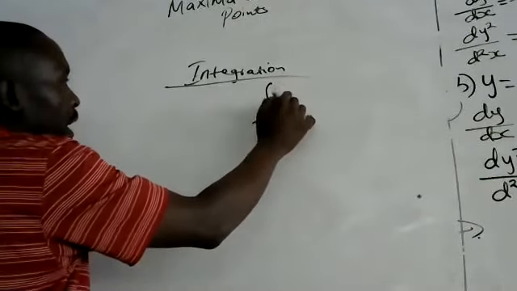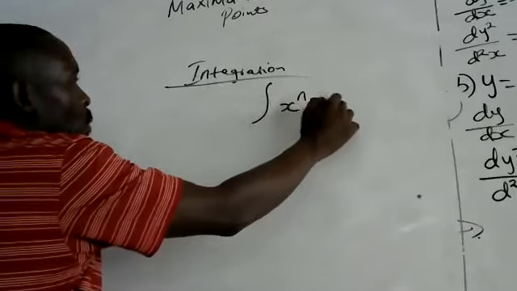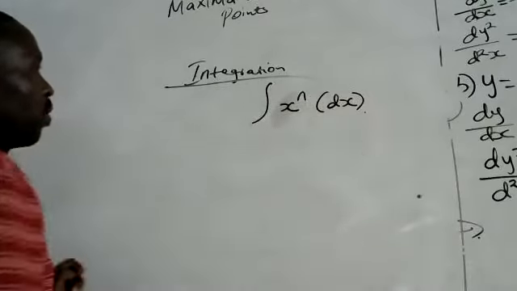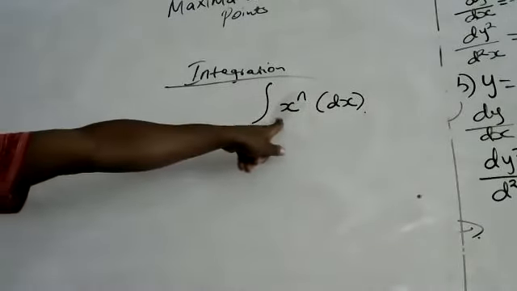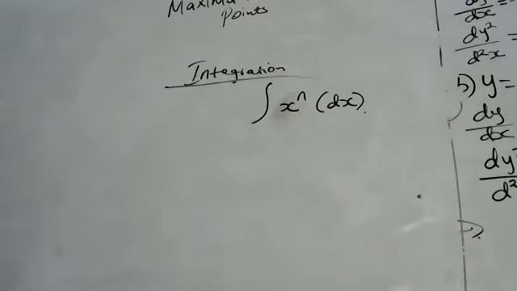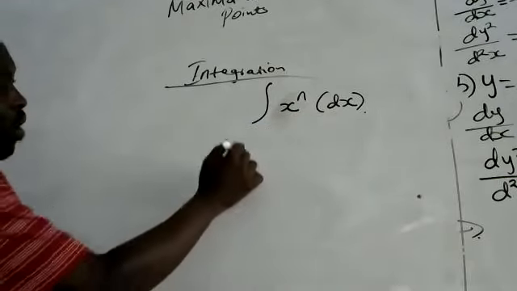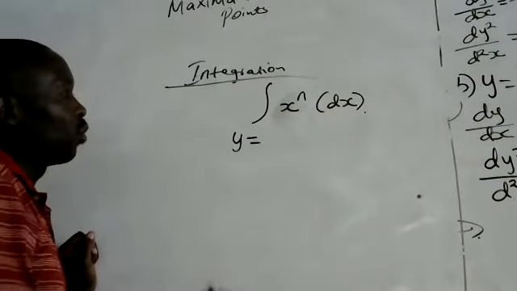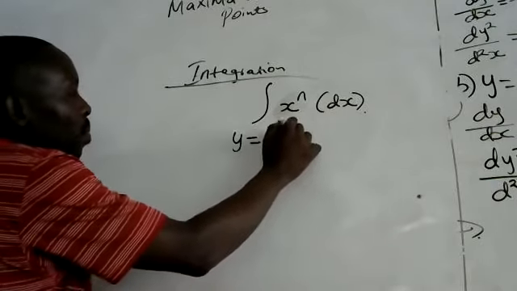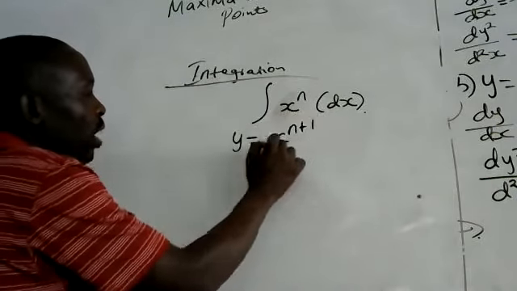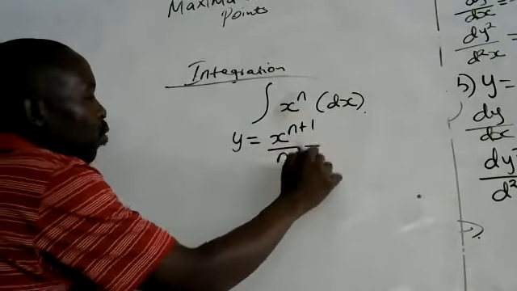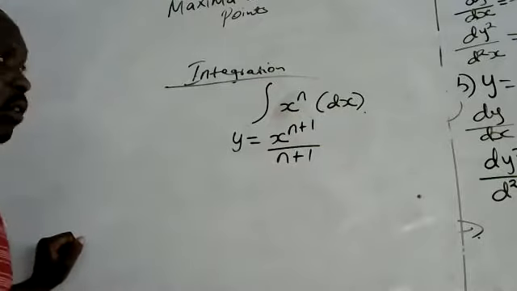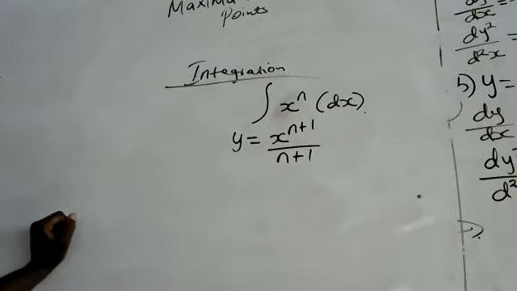Integrate x power n with respect to x. Whatever you will get is y equals x power n plus 1 over n plus 1. We are going to get it like that.